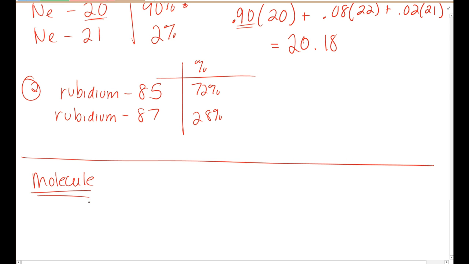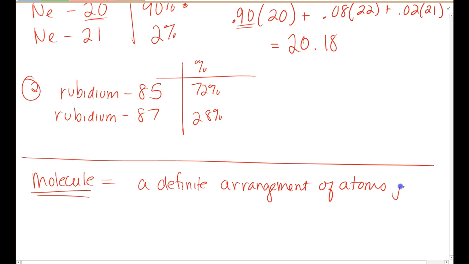A molecule is a definite arrangement of atoms joined by a chemical bond. And remember, by the law of definite proportions, that's always a fixed proportion.